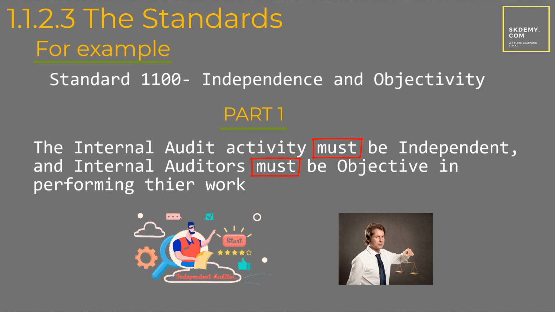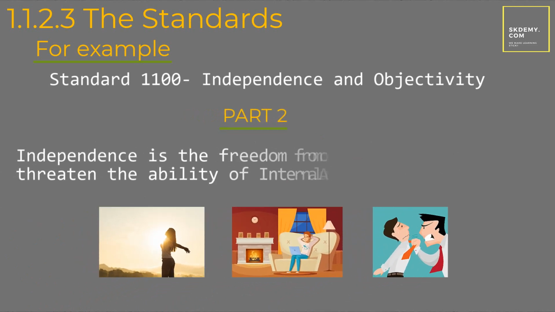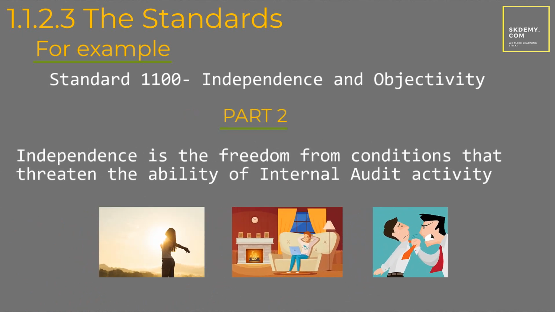The second part of the standard is the interpretation. So in this case, for Standard 1100, it starts like this, by explaining what is independence. Independence is the freedom from conditions that threaten the ability of the internal audit activity, and it goes on, clarifying what is independence and objectivity and how they can be achieved.